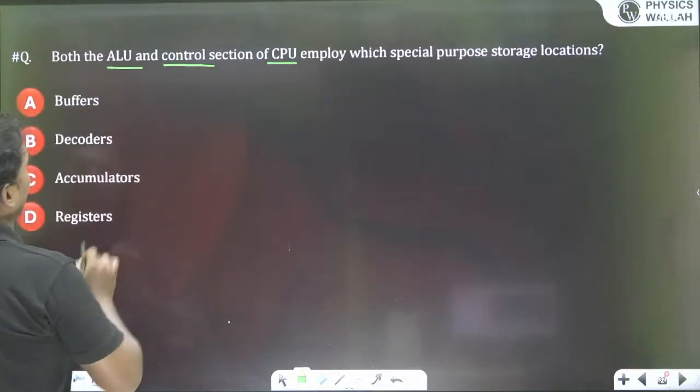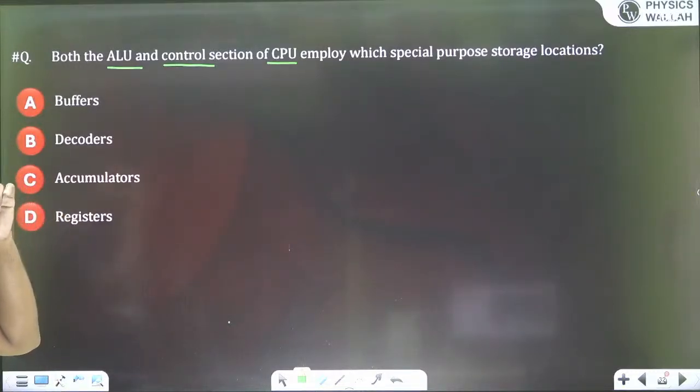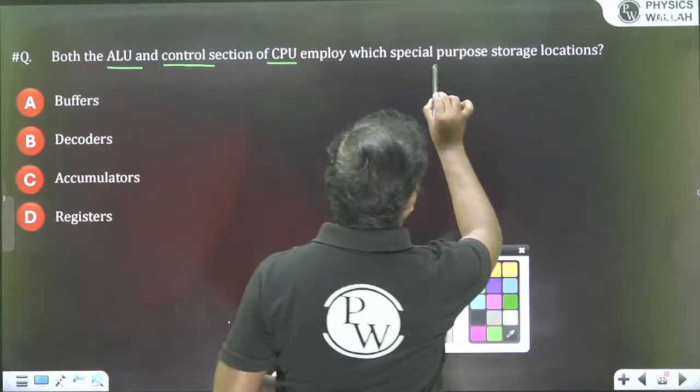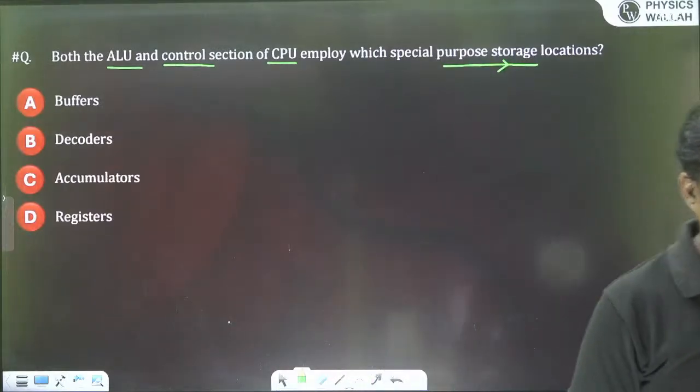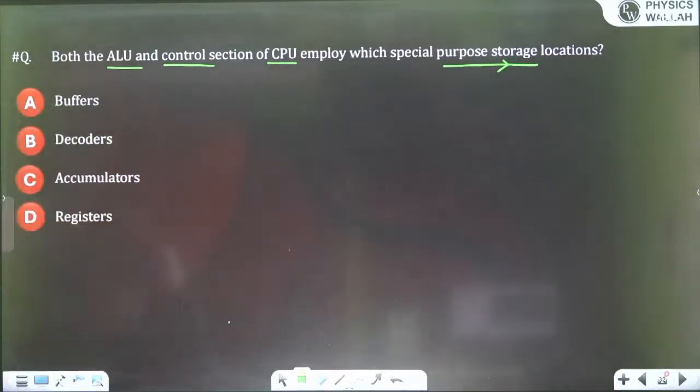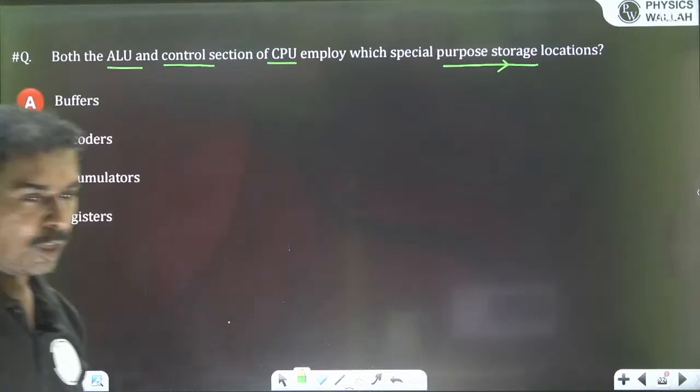Buffers, decoders, accumulators, registers. Special purpose storage. Tell me the answer, what is used to store data? Yes, option D, all registers.